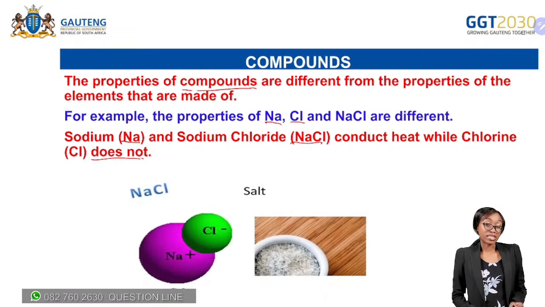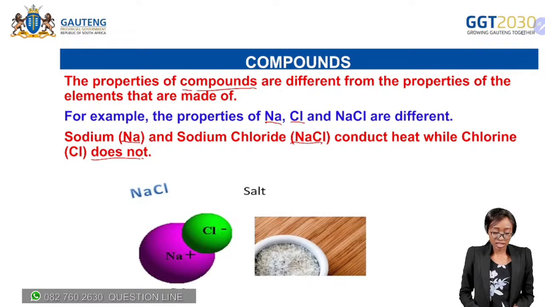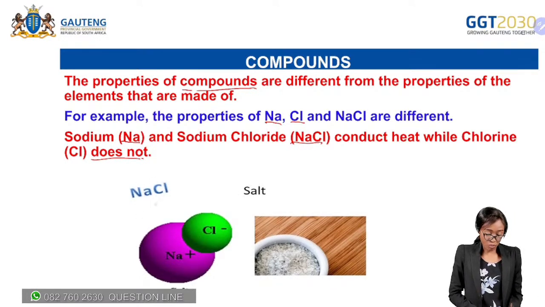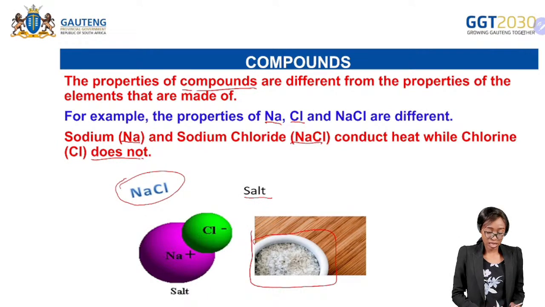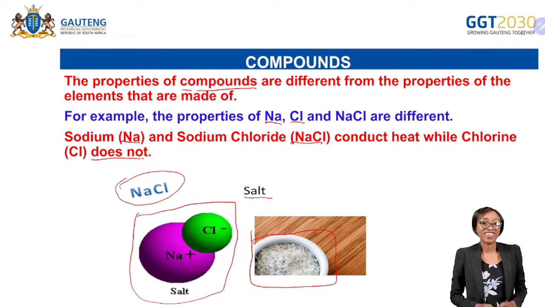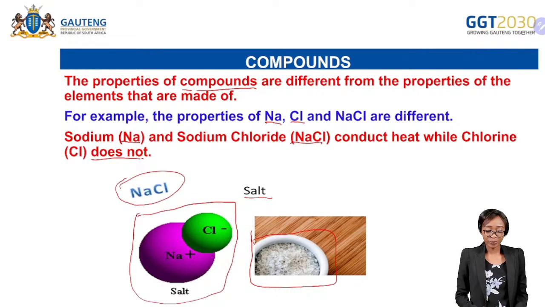Now I've got an illustration of the compound sodium chloride, that is the chemical formula, and it is actually salt. This is what we see, and this is how the atoms are arranged in the compound.